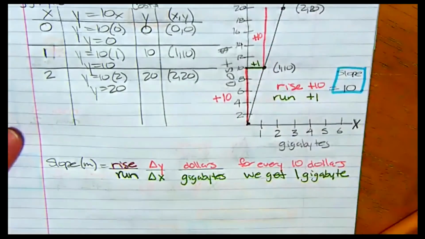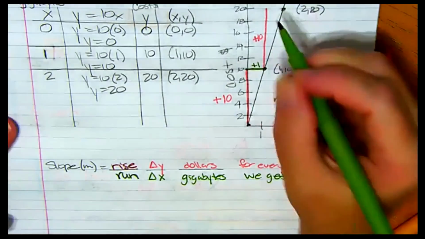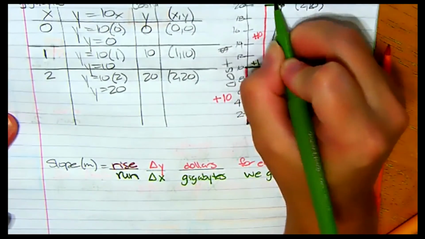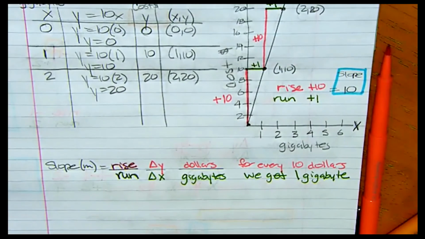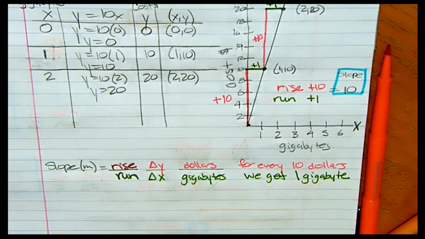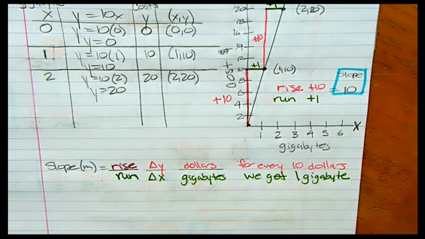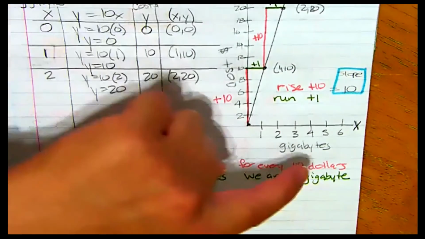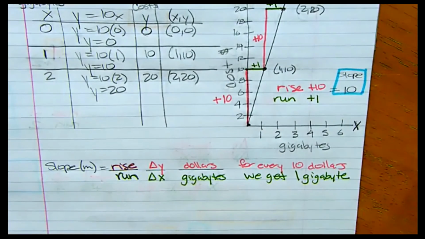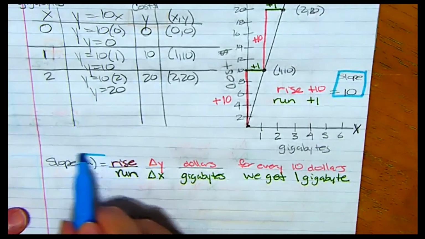For every $10, we get 1 gigabyte. That's what slope means. Slope means the y over the x.